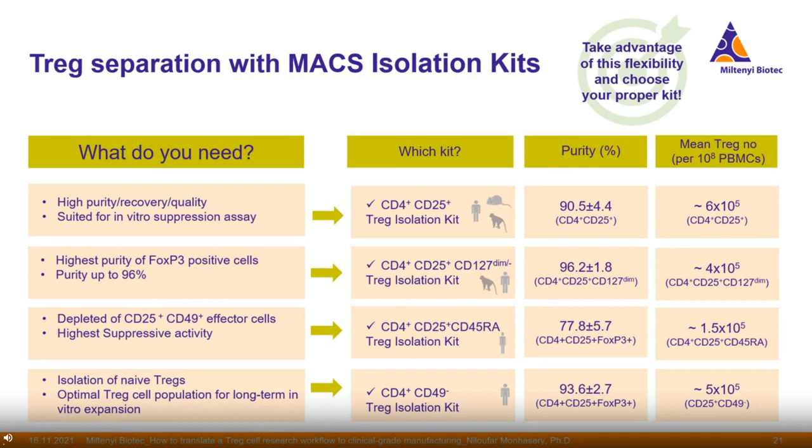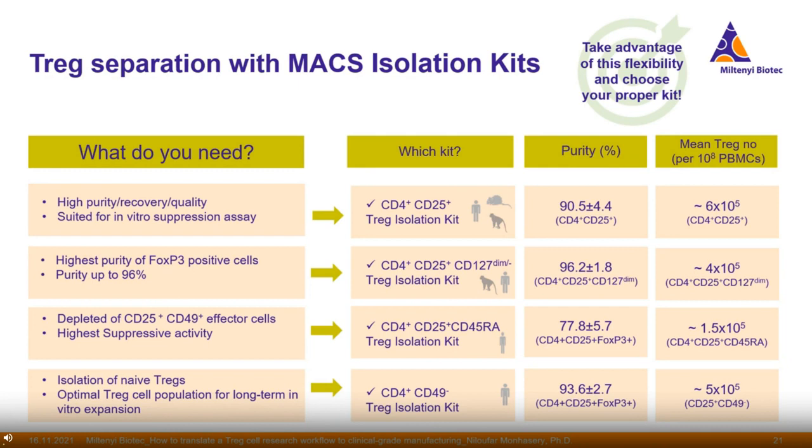For example, if you are going for the highest purity of FOXP3 positive cells, like up to 96%, and isolating your naive Tregs, I would advise you to use the CD4, CD25, CD127 dim kits.